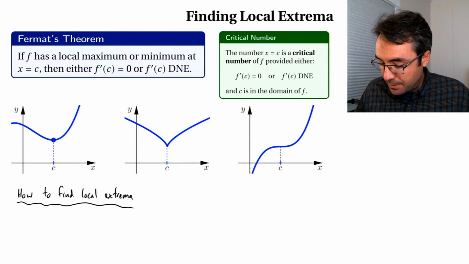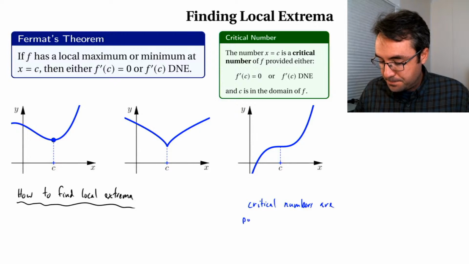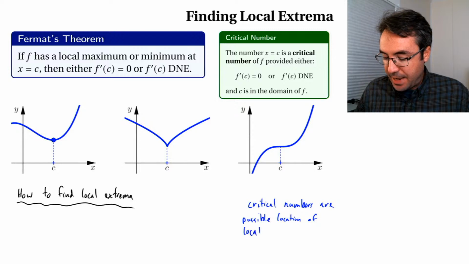So these critical numbers, they are possible locations. We're not guaranteed to have a local max or a local min there. But if we do, they have to happen at a critical number.